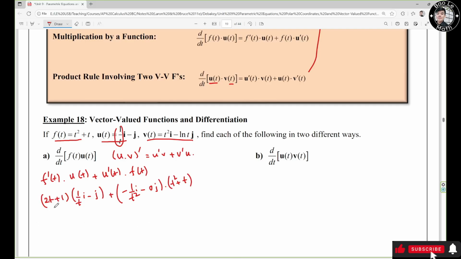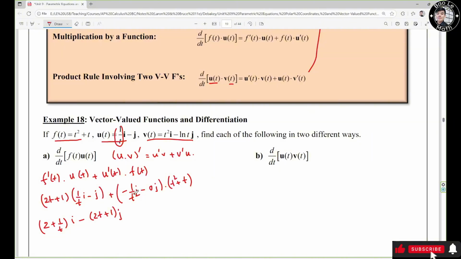Now I'm going to distribute. 2t plus 1 times 1 over t is going to be 2 plus 1 over t i. 2t plus 1 times negative j is going to be minus 2t plus 1 j.